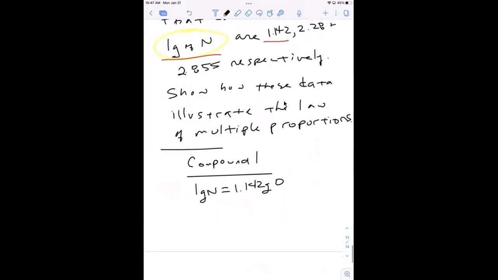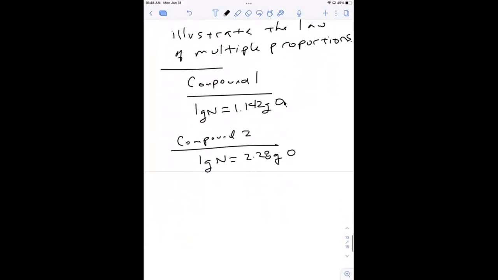Compound 2, what's my mass ratio for compound 2, based on the numbers that are given up top? This is always 1 gram. We want to keep that fixed. What's the other number? 2.28. Good. 2.28 grams of oxygen. Now, what about the third compound?